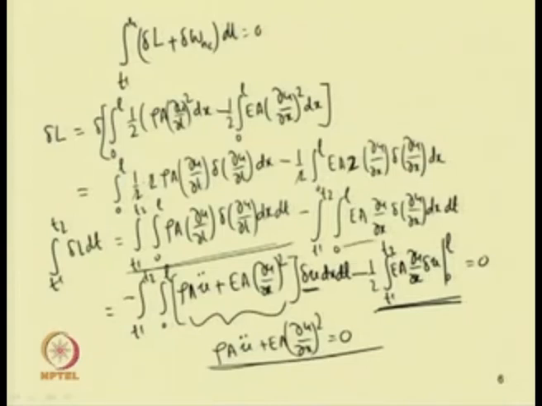So to derive this term, one can easily find this term. So this term will reduce to minus E A del u by del x whole square del u dx dt, minus half T1 to T2 E A del u by del x del u, 0 to L. So in this way one can derive the equation of motion by using extended Hamilton principle.